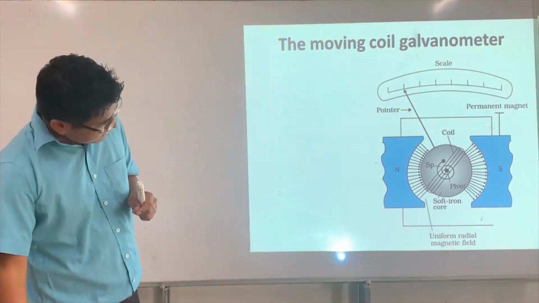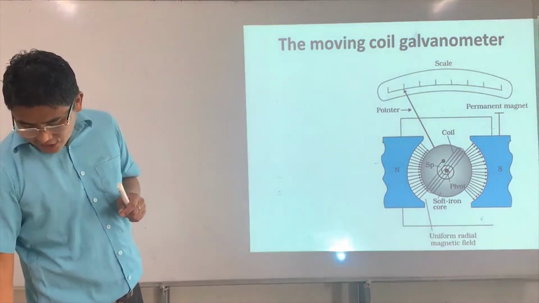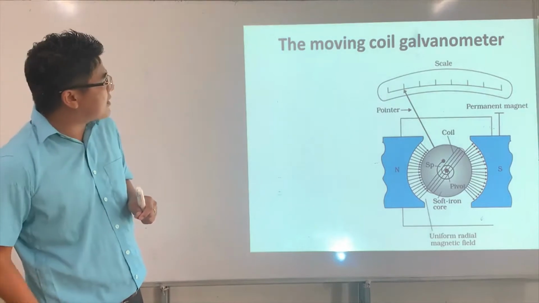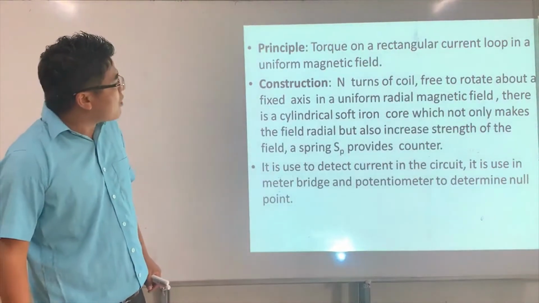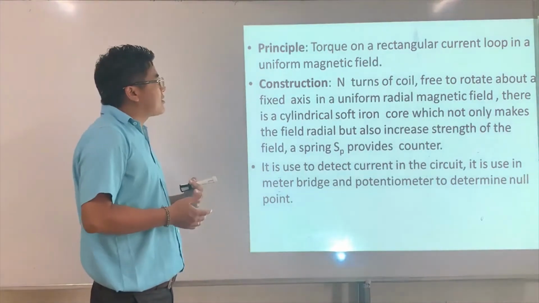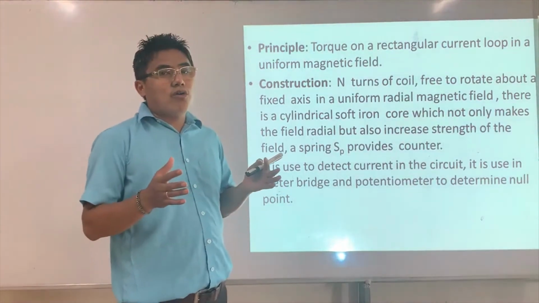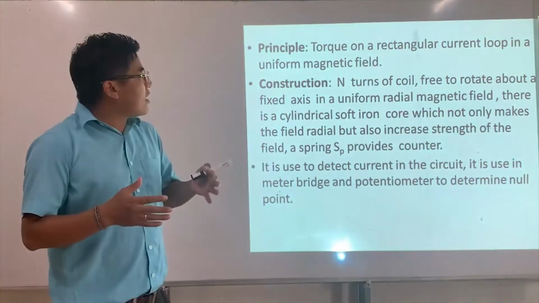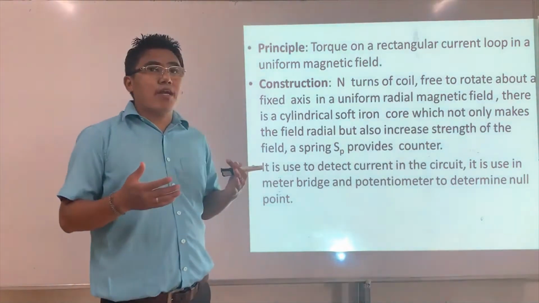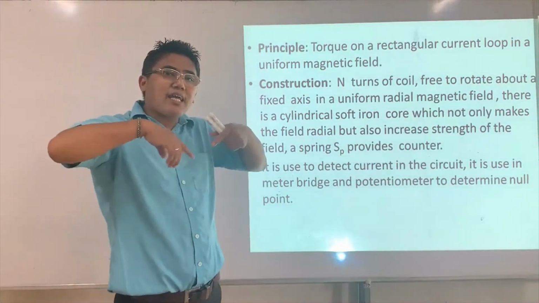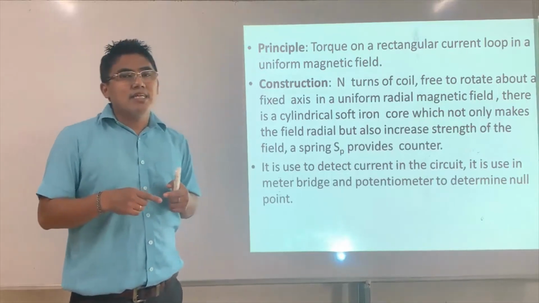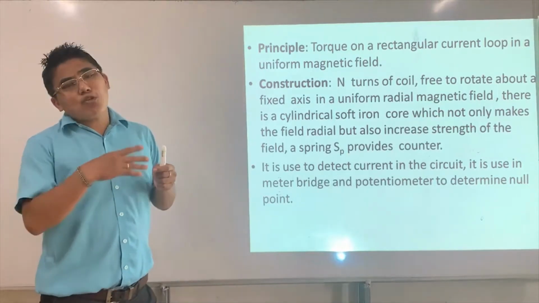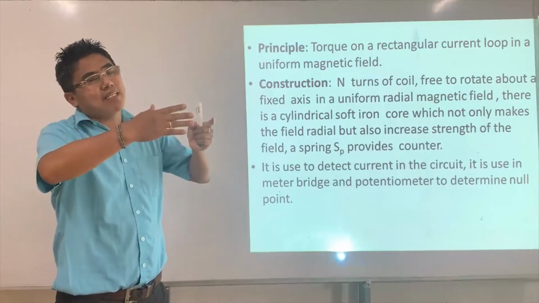Now as far as the construction and the principle are concerned, the principle of the moving coil galvanometer is the torque on a rectangular current loop in a uniform magnetic field. When you design a galvanometer, you put a rectangular coil and allow a current to pass through it in this magnetic field.